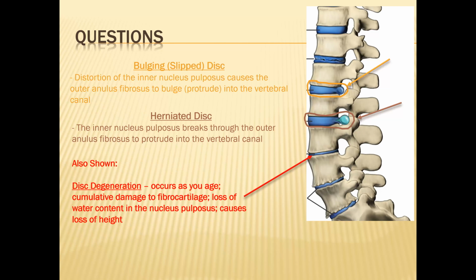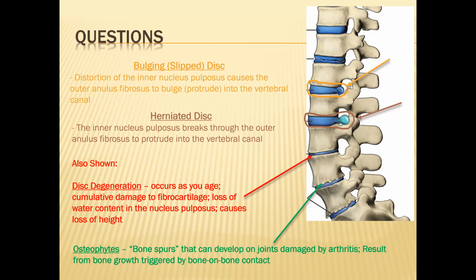And then another problem shown here that we haven't mentioned before is osteophytes. These are those little bits of bone sticking out around the edges of the vertebral body. These are also commonly referred to as bone spurs, and they can form on joints that are damaged by arthritis.